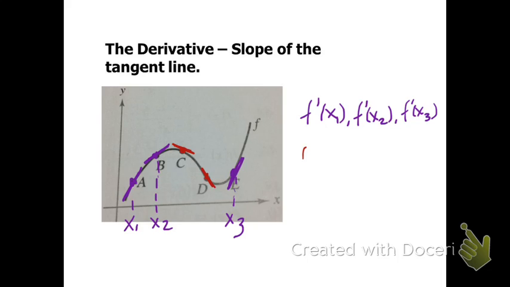Let's call this value x4, and this one x5. So the derivative evaluated at x4 and the derivative evaluated at x5 are both going to be negative.